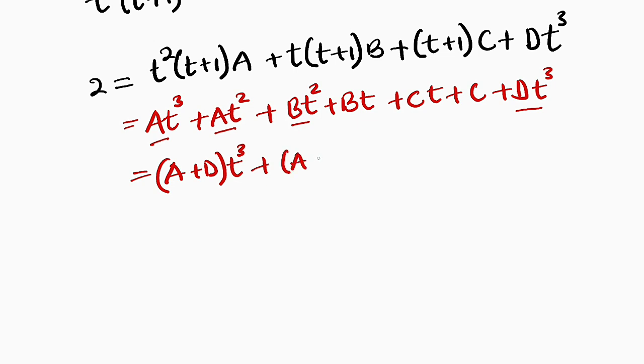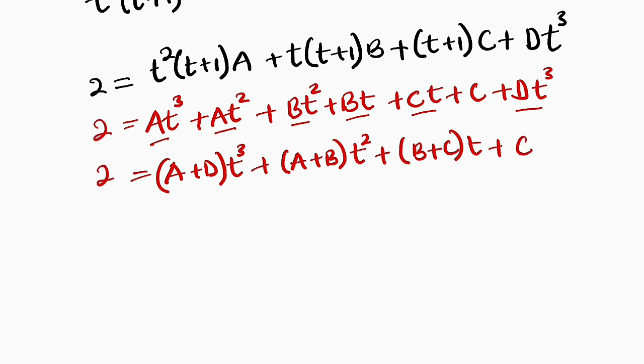We have a plus b inside multiplied by t squared. Then those with t, we have one here, we have the other one here, plus b plus c times t. And those with constant, those without t, I think we only have one, right? Which is c here, plus c. Remember, to the left, we still have 2.